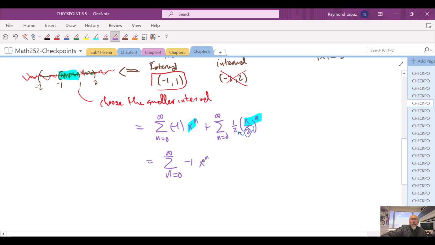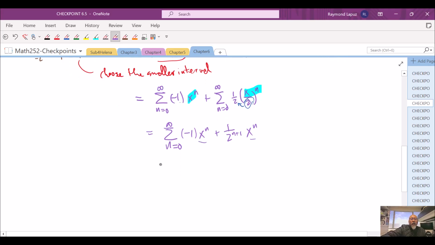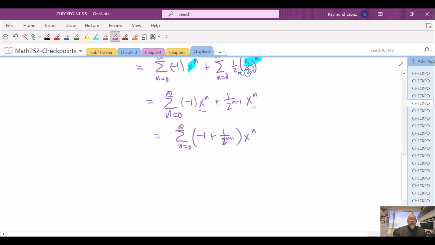Let's keep this x to the n here first, plus, and then here is the move that I was talking about where we merge 2 to the n, and then there's another 2, and so that's going to be that part. And then now they both have x to the n that I can factor out, and so I will have the series as n goes from 0 to infinity of -1 plus 1 over 2 to the n plus 1 power. All this is a coefficient to x to the n. And so this will be your series.